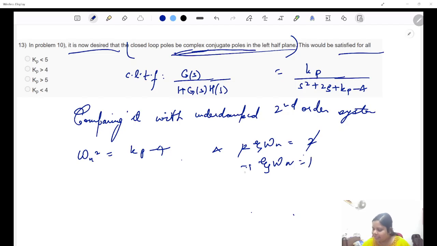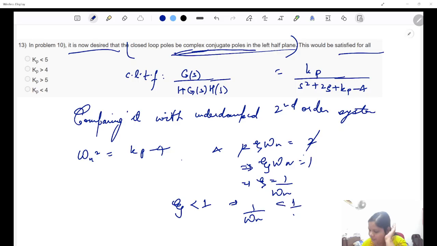Okay? Since it is an underdamped system, your zeta is 1 by omega n. Since it is underdamped system, that means zeta is going to be less than 1. We will have the other bound also. It should be between 0 and 1, definitely. But let's check this bound first. Zeta should be less than 1. That means 1 upon omega n should also be less than 1.